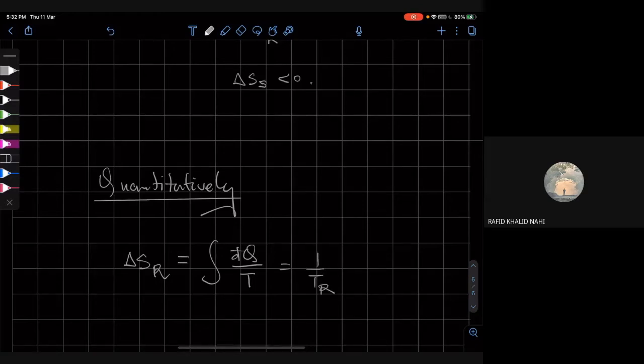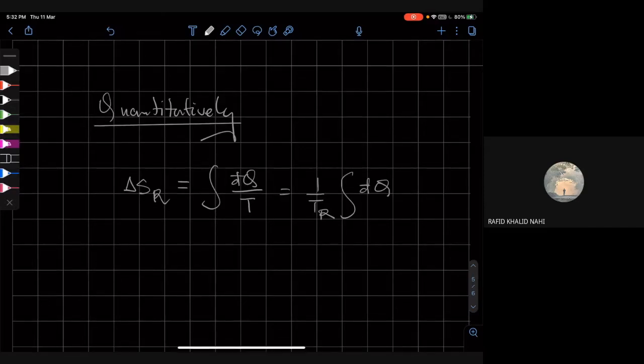So we can factor that out. And this is just dQ. But this is just the change in the heat that flows out. And taking care of the signs and so on, this is going to be what? Ts minus Tr over Tr.